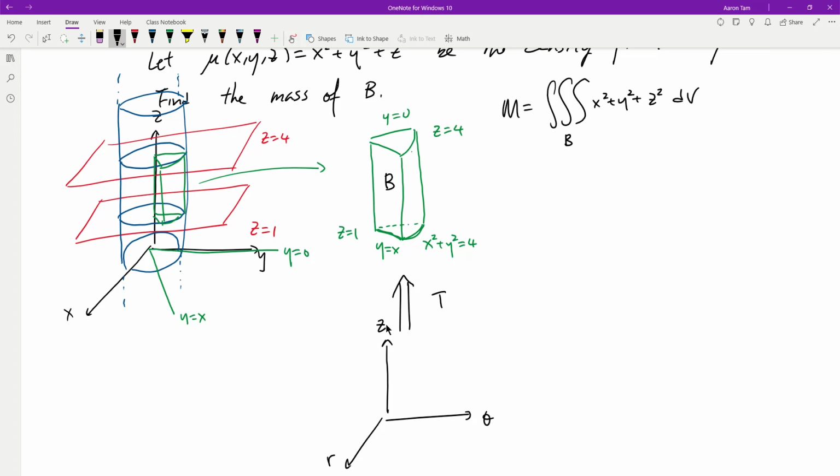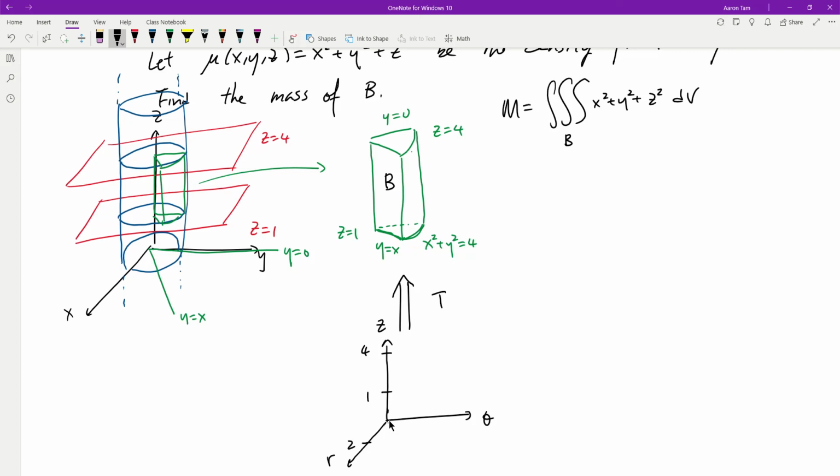Okay, let's figure this out. The first thing I notice is that z stays the same, so we go from 1 to 4. That's pretty easy. The radius of this solid is 2, because x squared plus y squared equal to 4, so the radius goes from 0 to 2. So let's say here's 2.